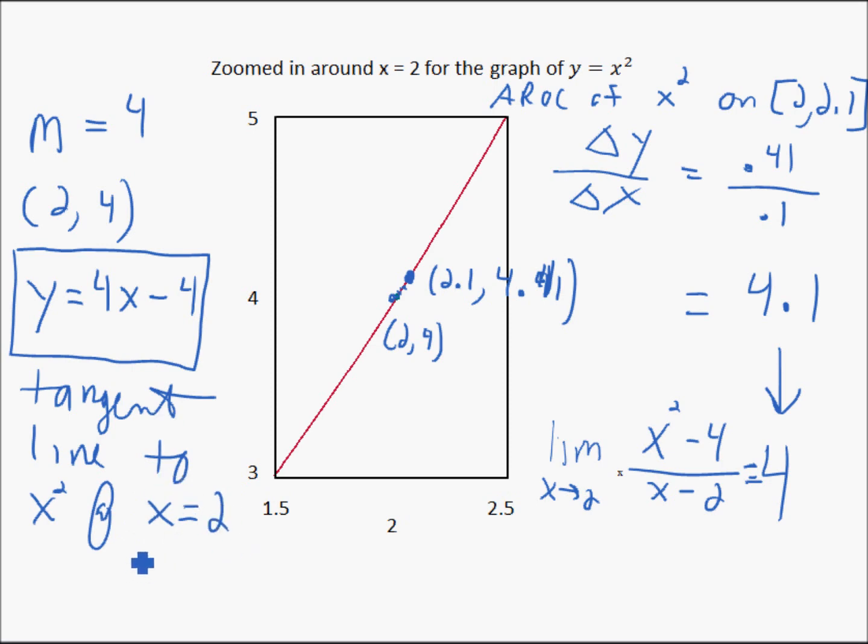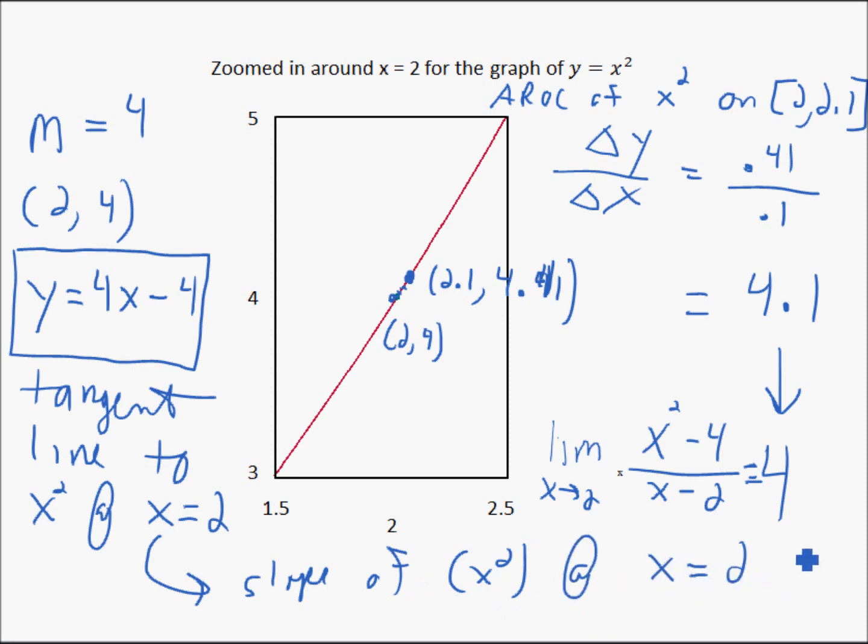And all of the characteristics is that it has the slope of x squared at x equals 2 and it has the y value of x squared at x equals 2.